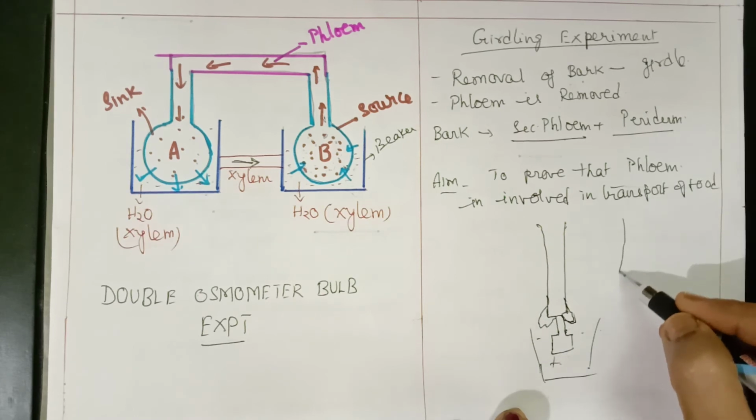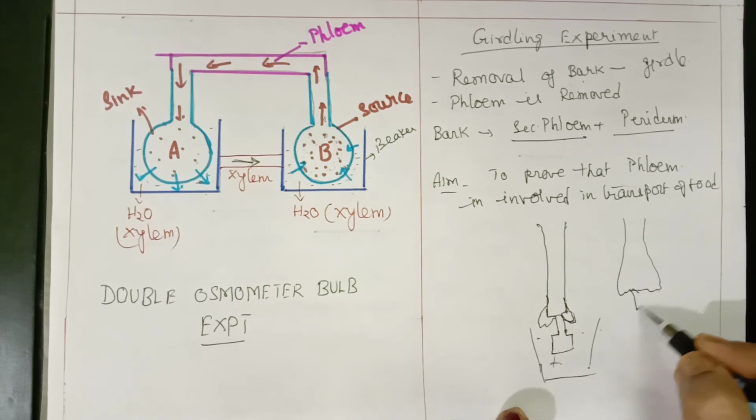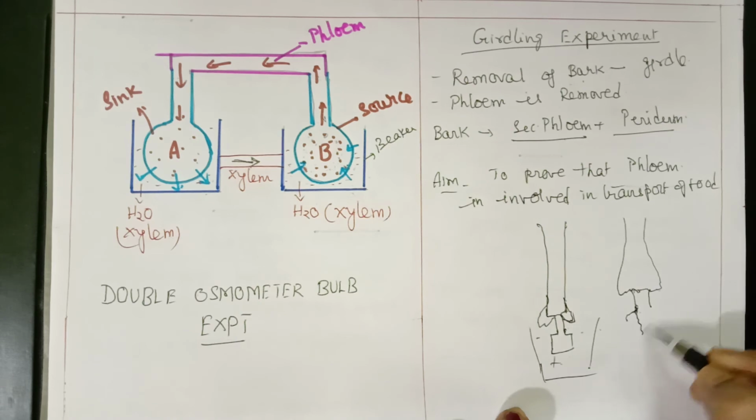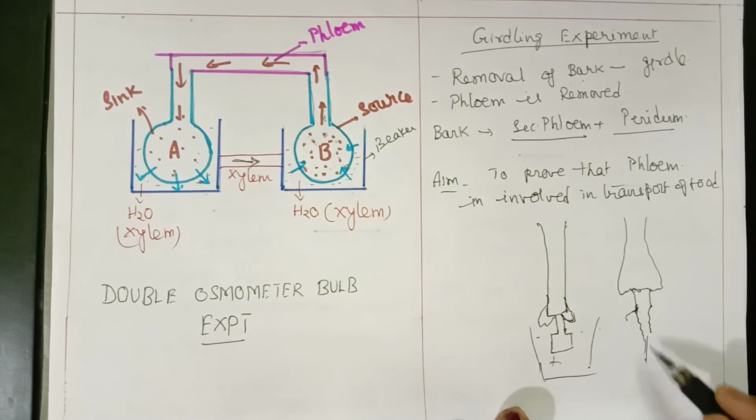Wherever girdling is done, the stem shows swelling, and on the other side it simply shrinks, and then say this is the root system.